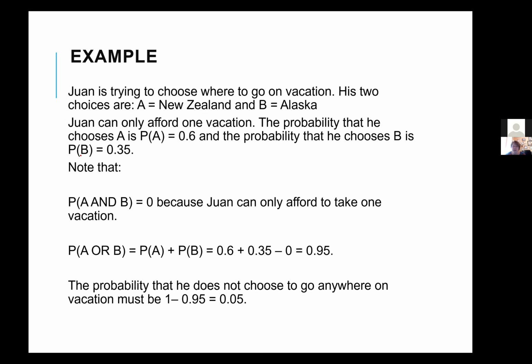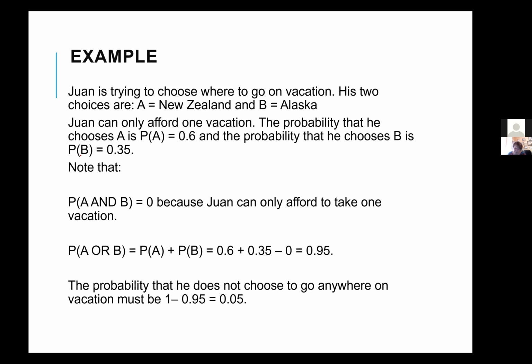So what's the probability that he goes to one or the other place? Well, since these are mutually exclusive events, he's not going to both of the destinations. He's only going to go to one or the other. So the probability of him going to New Zealand or Alaska will be the sum of the two probabilities.